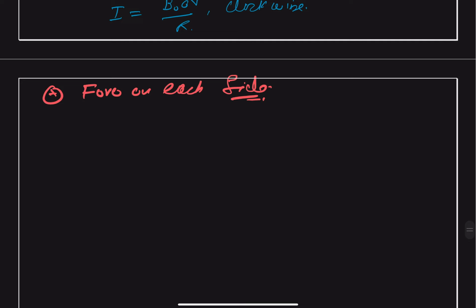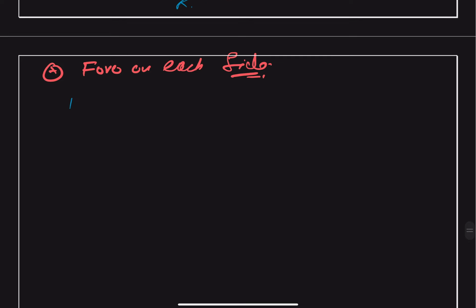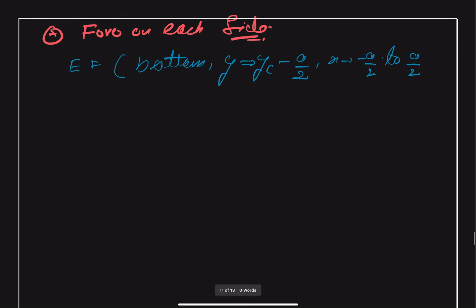So first of all, let us find out the force on EF, and that is the bottom side, where Y is equal to YC minus A by 2, and X is from minus A by 2 to A by 2.